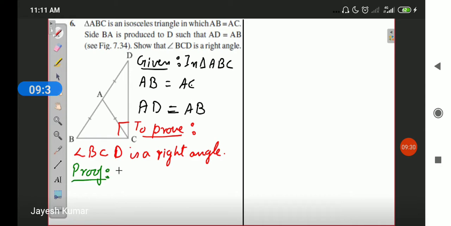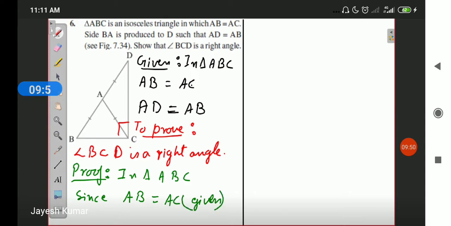So first of all, in triangle ABC, since AB and AC lengths are equal, the angles opposite to equal sides are also equal. Angle ABC is equal to angle ACB is equal to x.